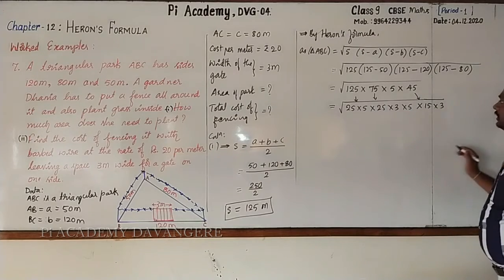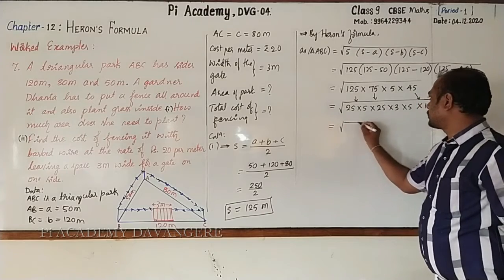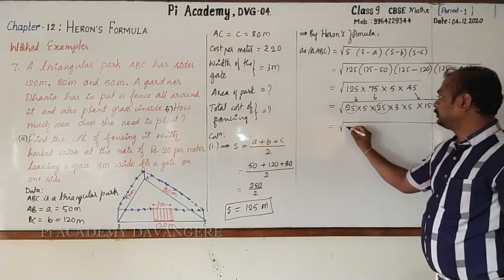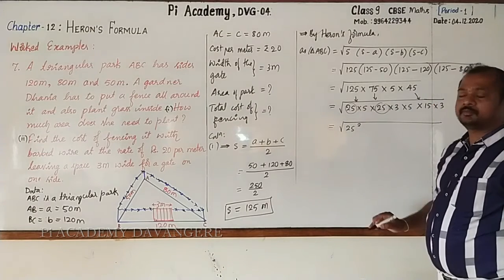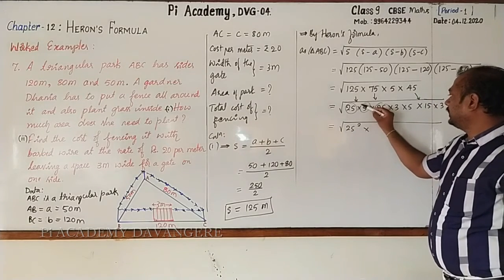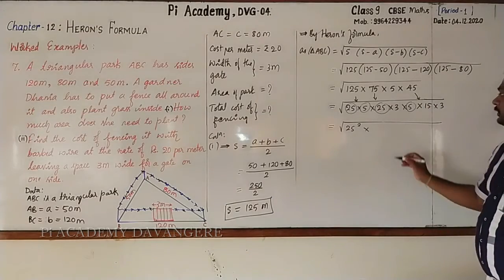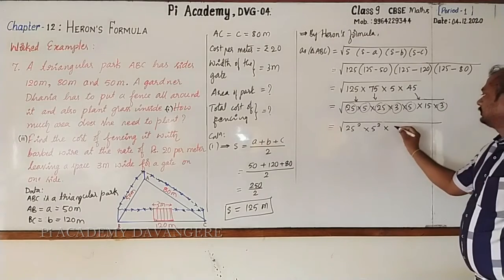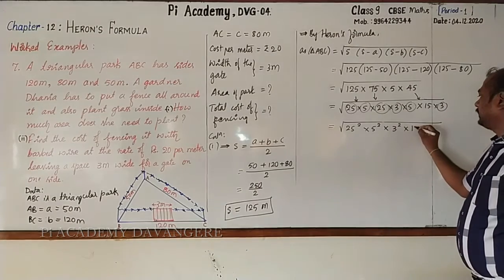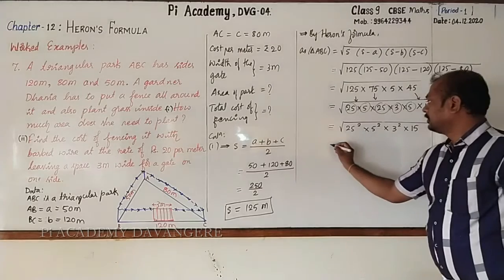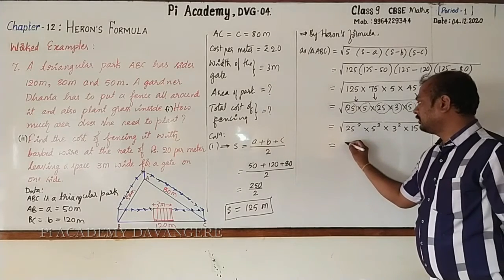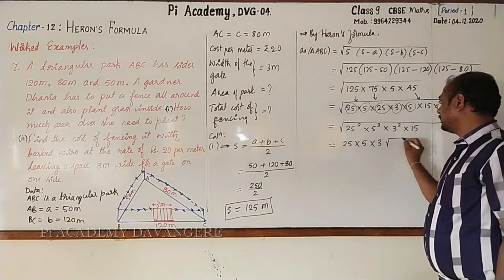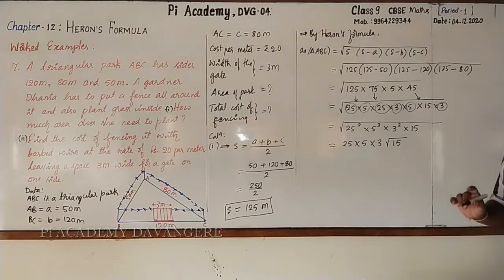Got it? Next, this is equal to square root of, observe, 25 repeated 2 times, so 25 square, into 5 and 5 repeated 2 times, it is 5 square, 3 and 3 also, 3 square, whereas 15 as it is. What is square root of 25 square? Very good, 25. 5 square, 5. 3 square, 3. So root 15 as it is.